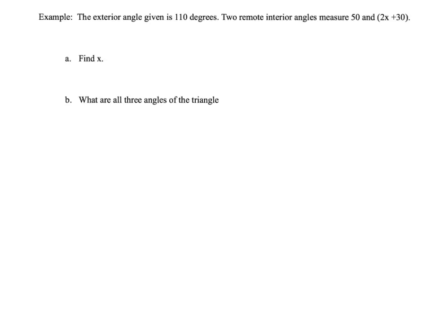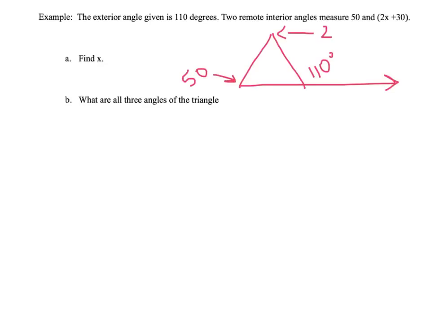Now let's try it again. This one does not have our triangle drawn, so that's the first thing that we want to do, is draw our triangle. So the exterior angle is 110 degrees. Your interior angle is, and I'm going to draw arrows, 50, and this one is 2x plus 30. So the first thing we want to do is solve for x.